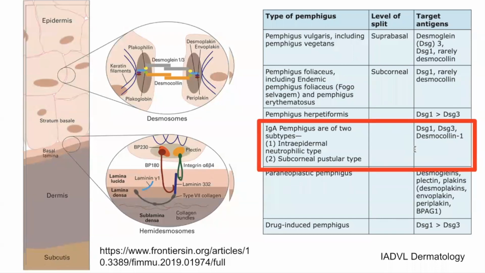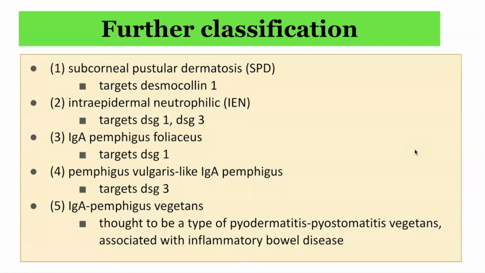With regards to IgA pemphigus, the target antigens are in the epidermis, and these include desmoglein 1, desmoglein 3, and desmocollin 1. IgA pemphigus can be further classified into 5 types, which includes subcorneal pustular dermatosis, which targets desmocollin 1, intraepidermal neutrophilic form of IgA pemphigus, which targets desmoglein 1 and desmoglein 3.